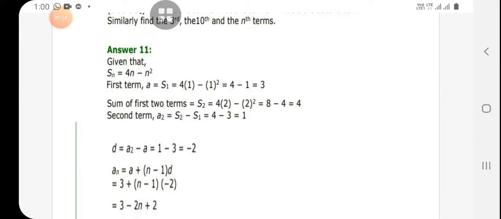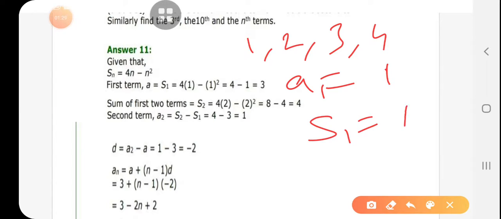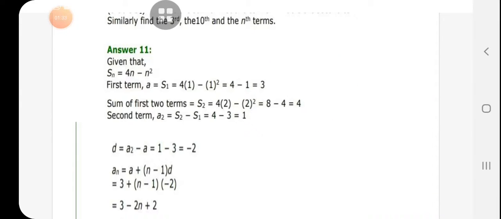Just see, if we take any AP series like 1 2 3 4, its first term is 1. If I say the sum of the first term, it will also be 1. It means that the first term and the sum of the first term are both the same.